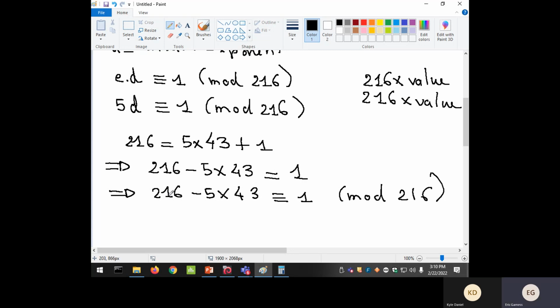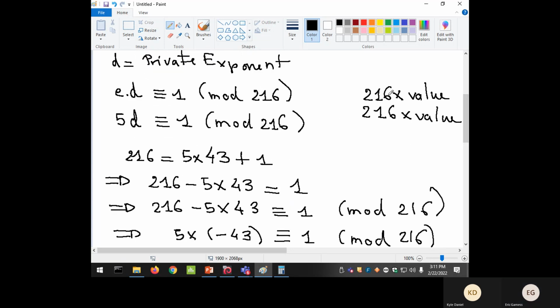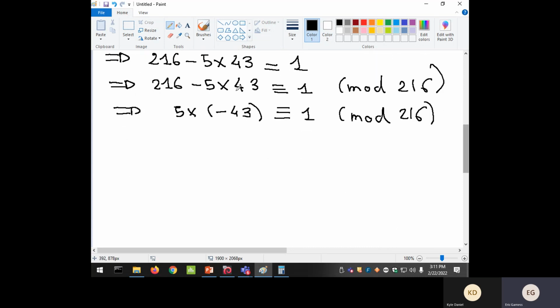So for example, I can suppress this. So I can say it's the same thing as 5 times negative 43 is congruent to 1 modulus 216. Here what I did, there was 216 times 1, I made it disappear.